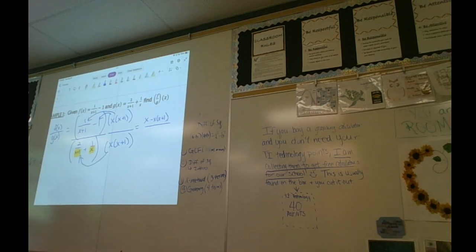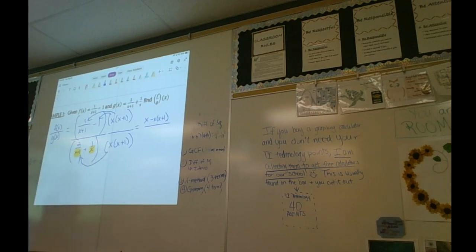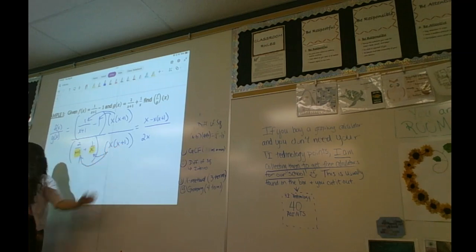When I distribute it here, what's left? x plus 1's cancel, you're left with 2x. And then when I distribute here, what's left in that term? x's cancel, so we're left with 1.